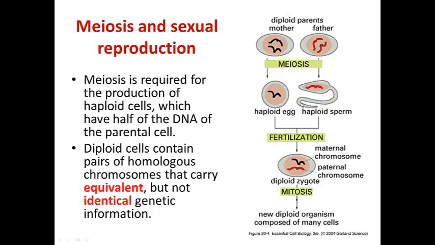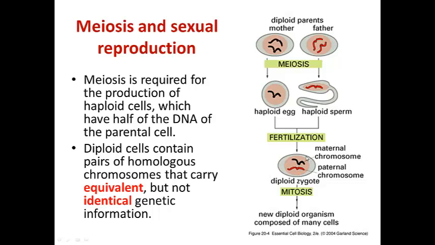Through the process of meiosis, we produce cells that only have half of that information. So this haploid egg might only be carrying the allele for white eyes. After fertilization, the new zygote is once again diploid because it has one chromosome from the egg and the other homologous chromosome from the sperm.